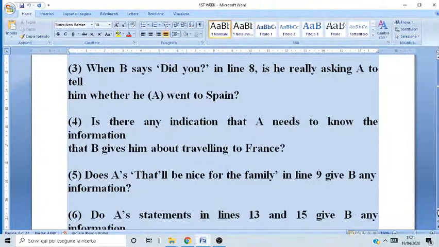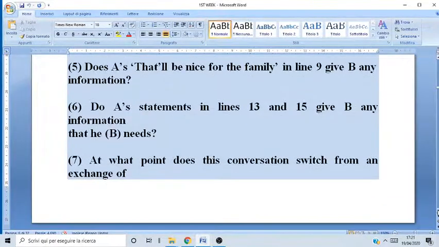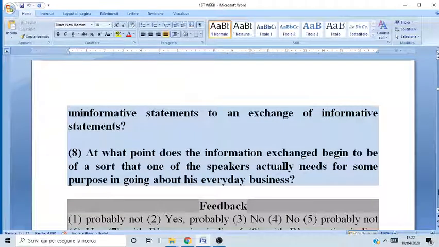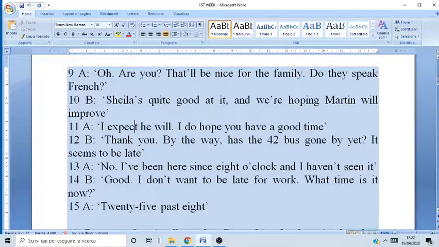Exercise 6. Does A's statement in line 13 give any information that B needs? Yes, because he's asking about the time and he's asking about bus number 42. At what point does this conversation switch from uninformative statements to informative statements? That answers 7 and 8: where the person asks, "By the way, has the 42 bus gone by yet?"